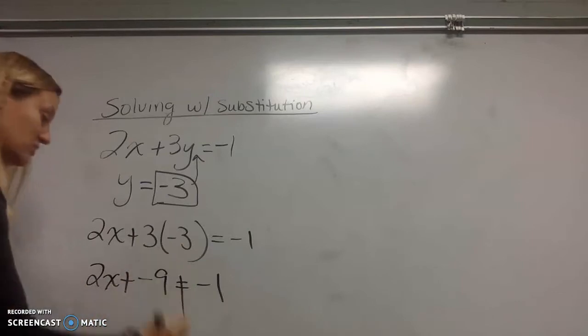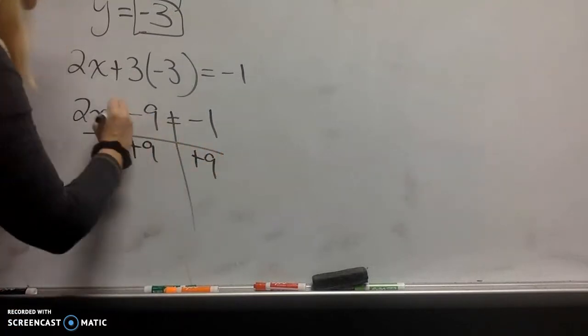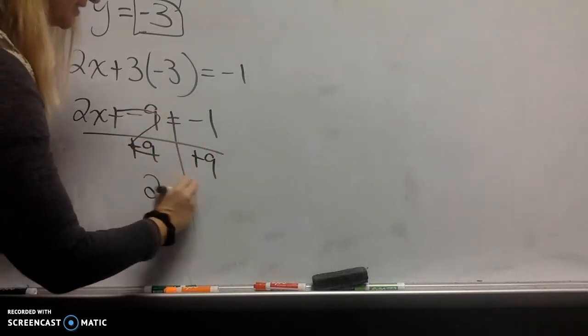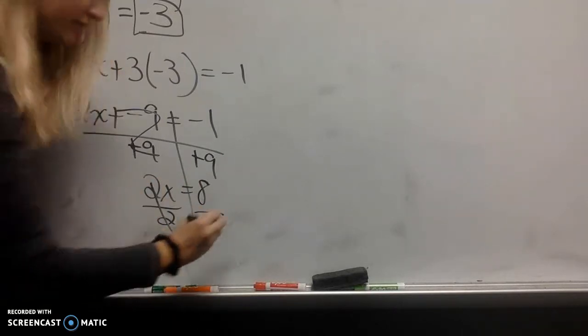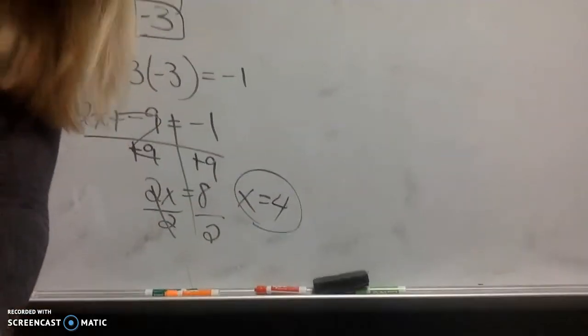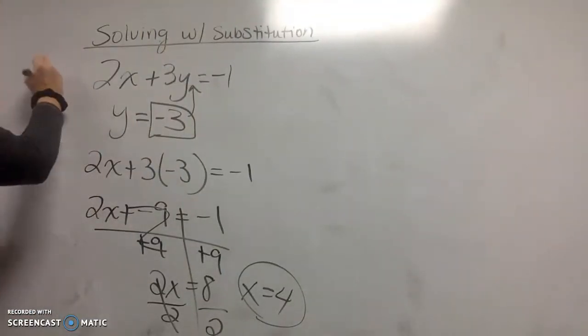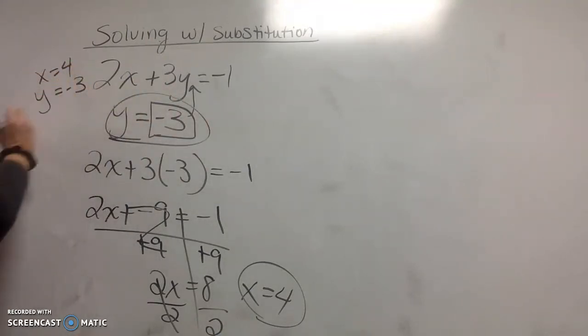Now I can solve this equation for x. So because that's negative, I'm going to add 9 to each side. 2x equals 8. I'm going to divide by 2. X equals 4. Okay? So I know x equals 4. And I already knew what y was, so y equals negative 3.